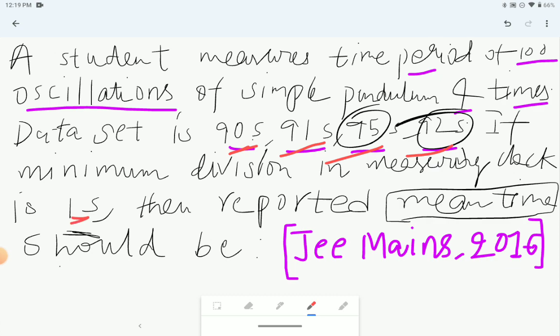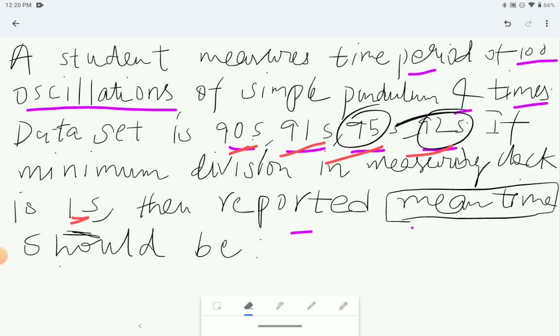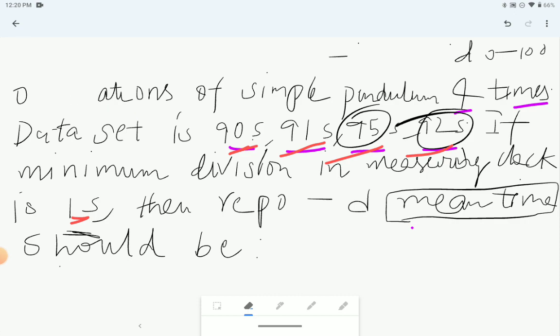Then the reported mean time should be, so we should find out the mean time of this. I hope all of you know the formula of the mean time. Let me explain actually.